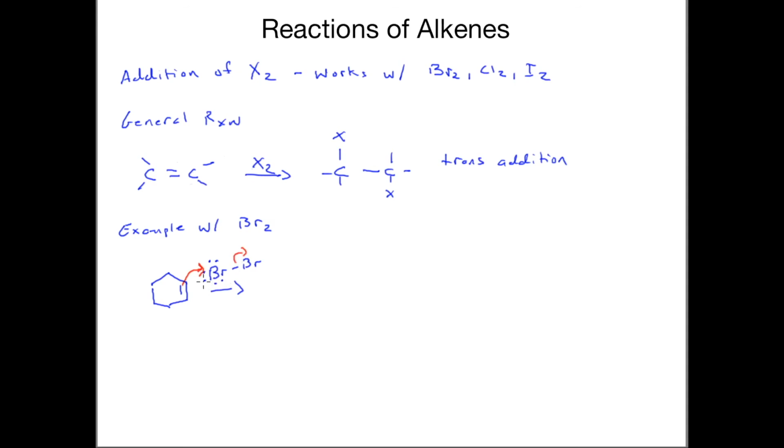But at the same time, these lone pairs come back in and add at the other end of the double bond. So now this forms a species on one face of the double bond called a bromonium ion. If it was a chlorine, it would be a chloronium ion.